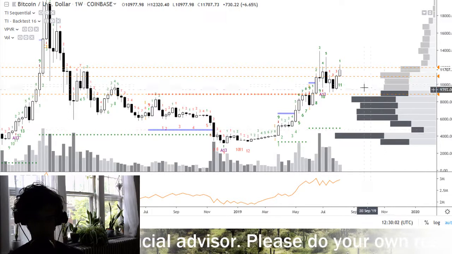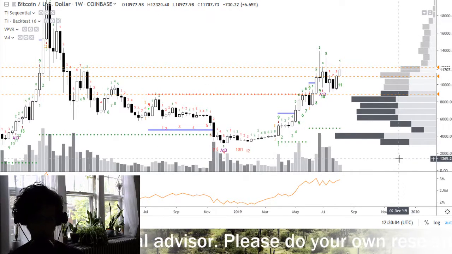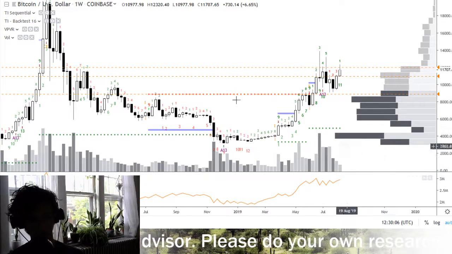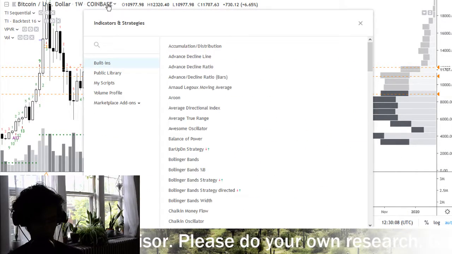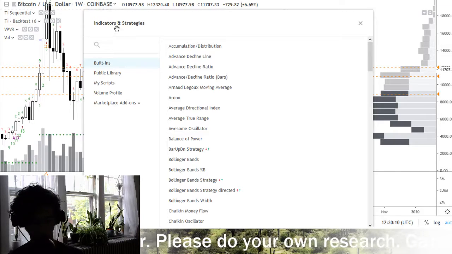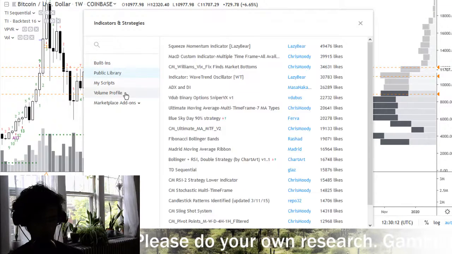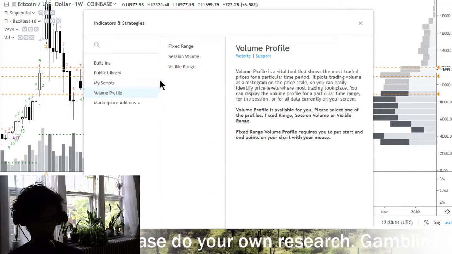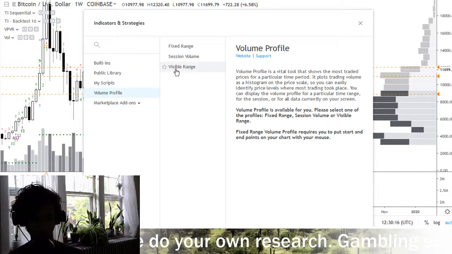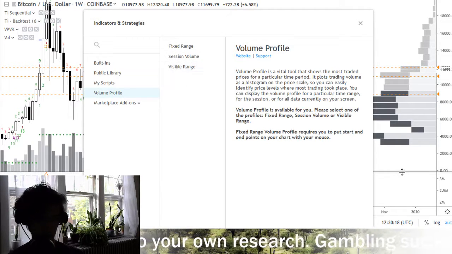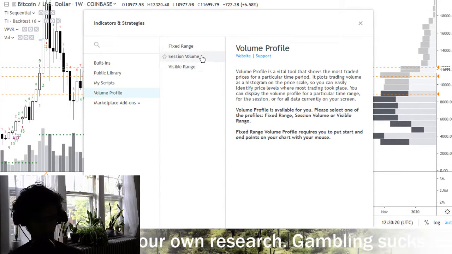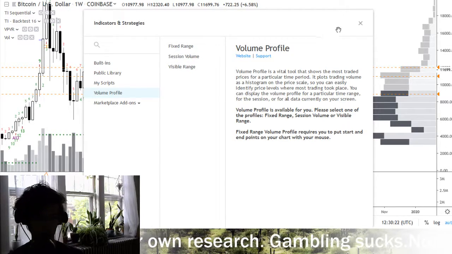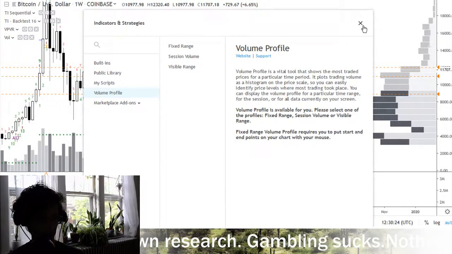This is the volume profile on the right. If you still are not familiar, you can activate it in TradingView by going to the volume profile, and you can either choose visible range, which is the one you're seeing. You have session volume or fixed range that you can also decide.